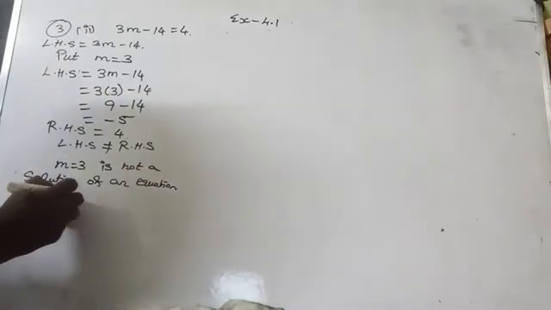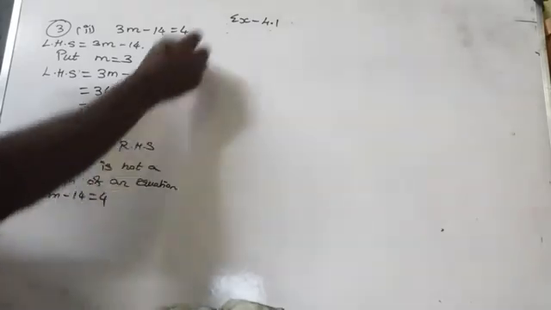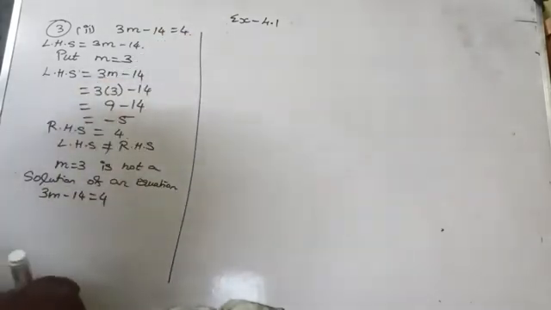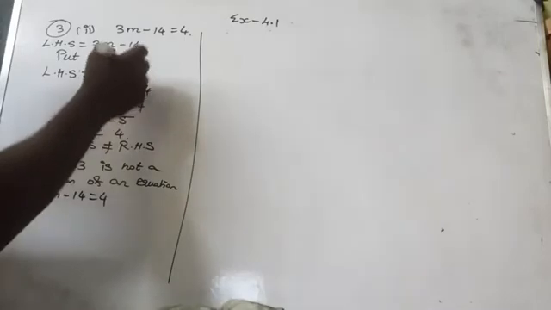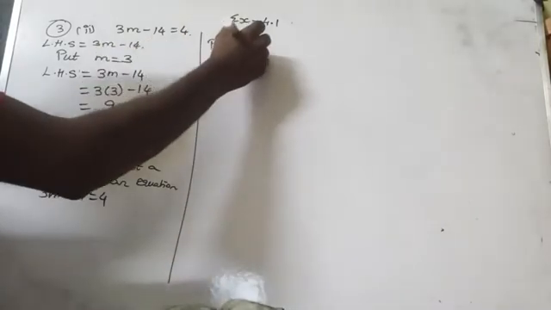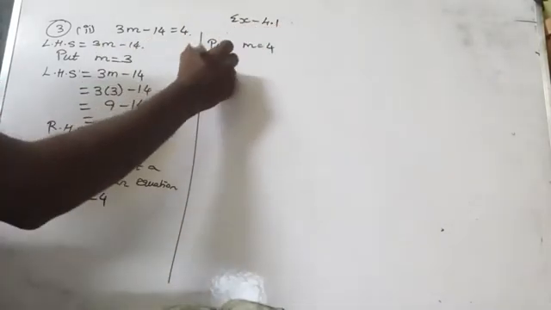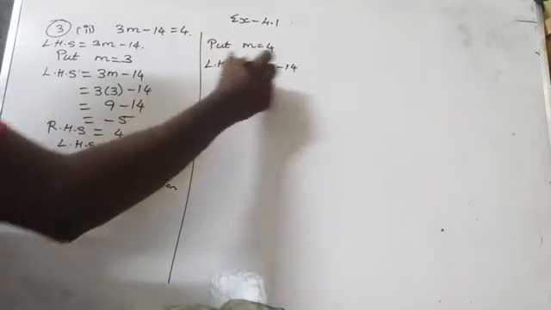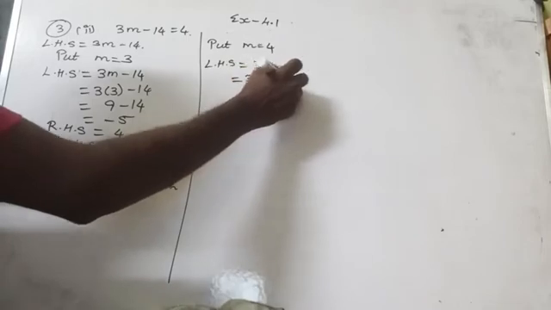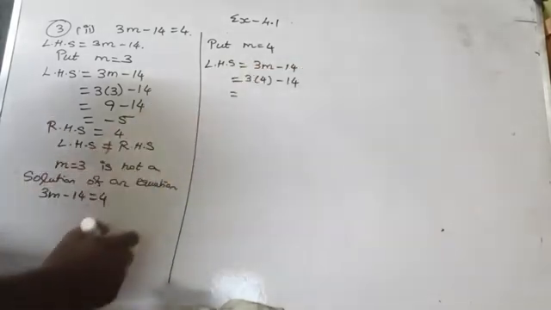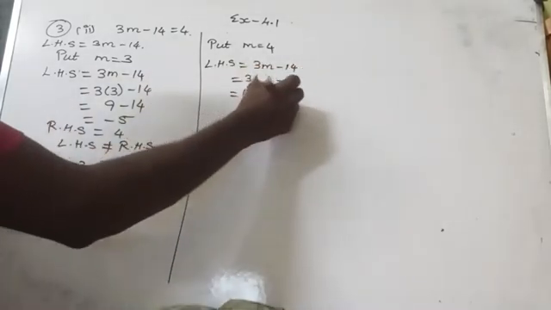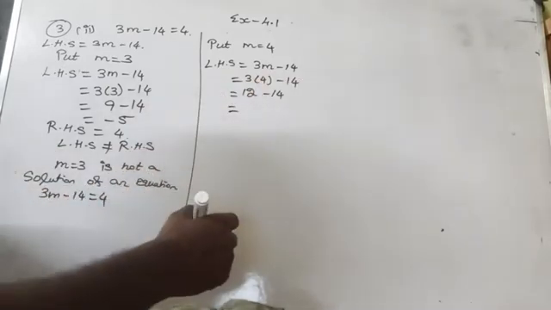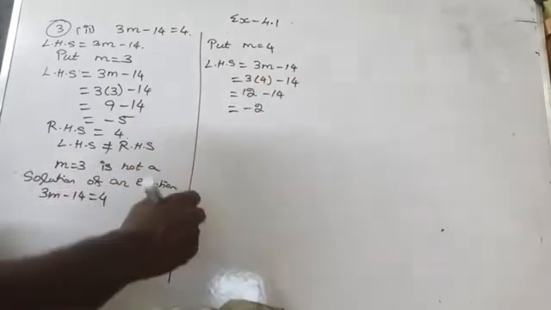3m minus 14 equal to 4. Am I right here? Now I am going to check for m equal to 4. Put m equal to 4. The left hand side is 3m minus 14, that is 3 times 4 minus 14. 3 4s are 12. 12 minus 14 is how much?